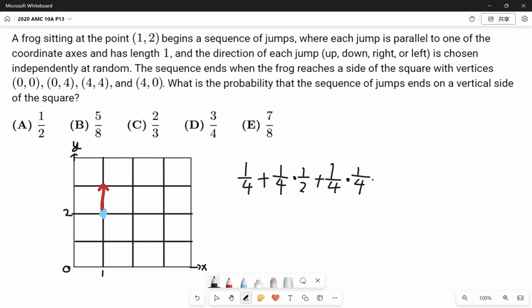Or else it has 1/4 of a chance to move up here, but we don't count that because that's not what we want. And here it's equidistant from this horizontal line and this vertical line, meaning that there is another 1/4 of a chance that it moves to the vertical side over here. So that's that. And what if it moves down?